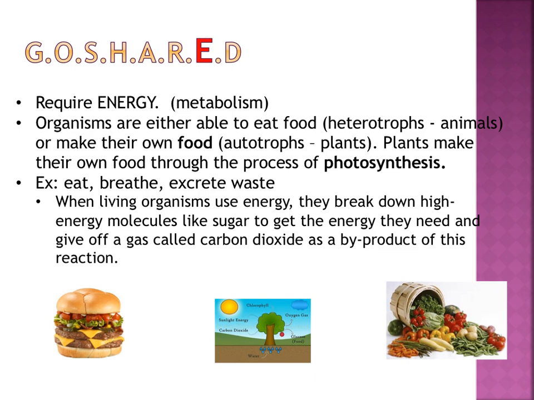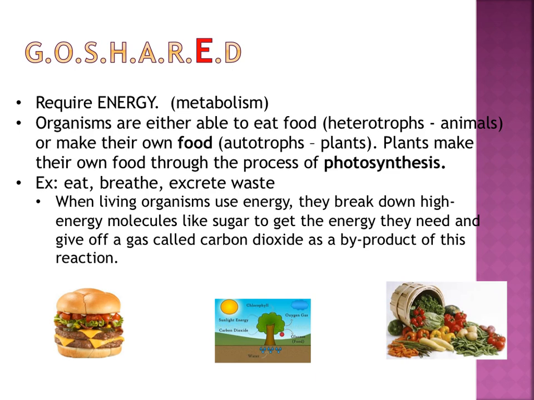The E stands for energy, so all living things require energy. And not only do they need to obtain that energy, they need to break it down to get that energy into the cells through the process of metabolism. Organisms are either able to eat food, which are heterotrophs, which more specifically we think of as animals and people, or they can make their own food, which we call autotrophs, which are plants.